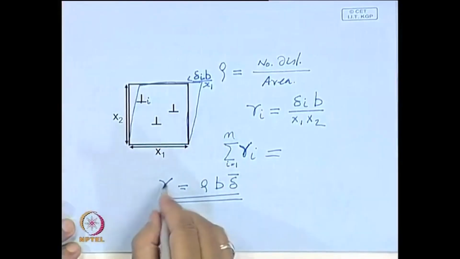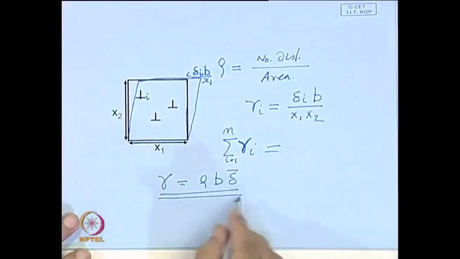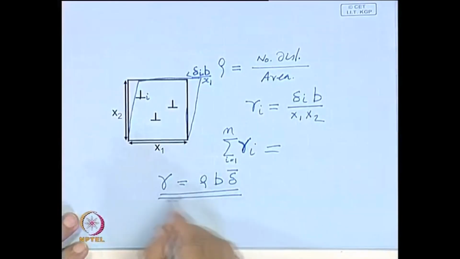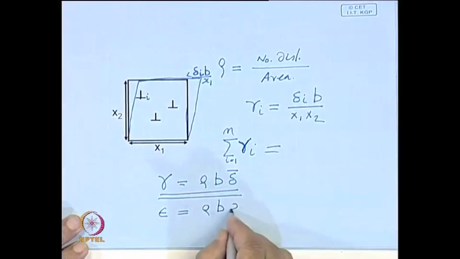We are using these symbols, but they may vary from book to book. Basically, the shear strain also has a direct relationship to longitudinal strain, and we can approximate that strain is equal to rho b times the average distance a dislocation moves.